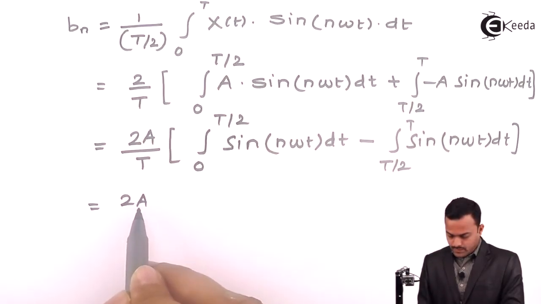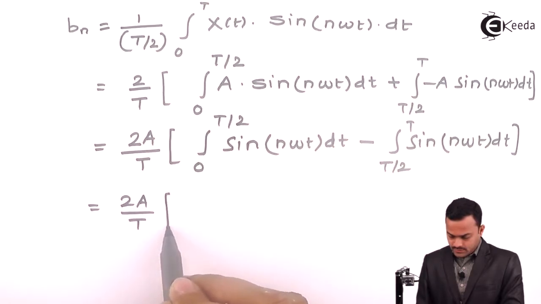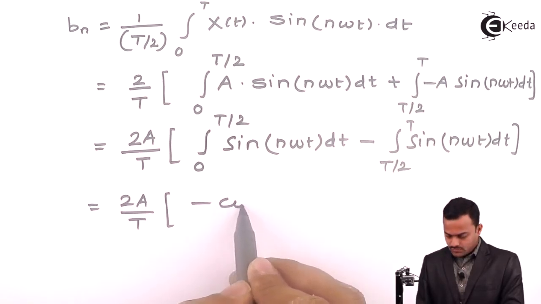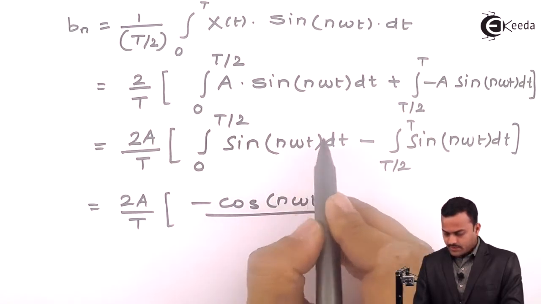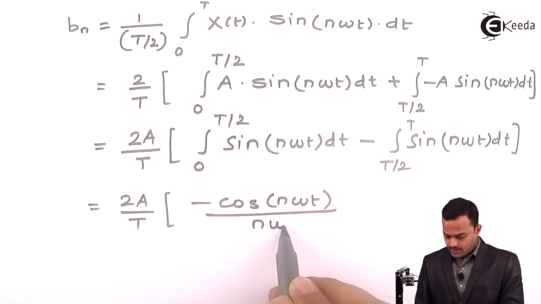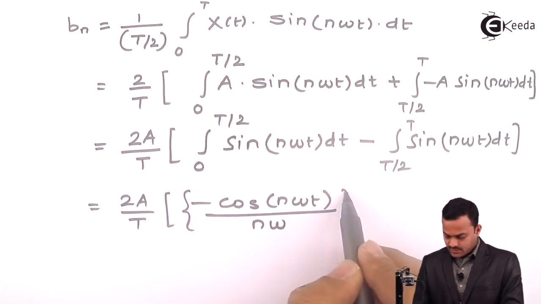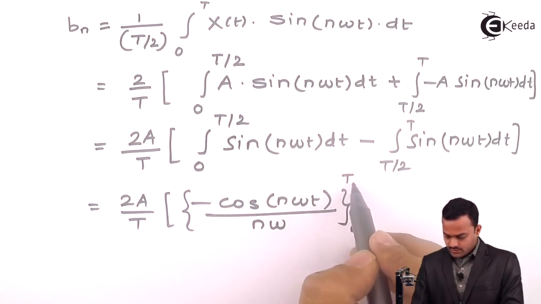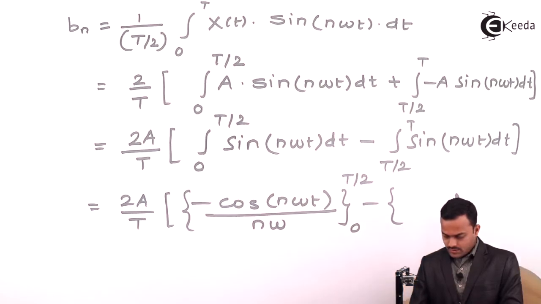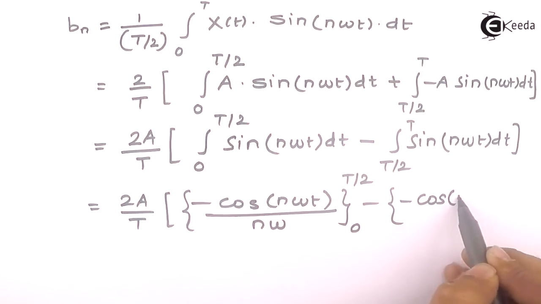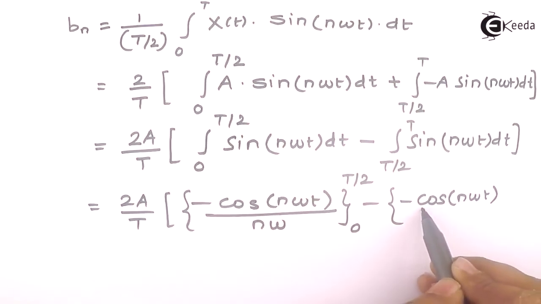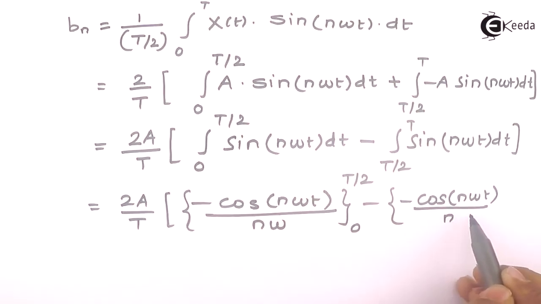Now 2A by capital T, integral of sine is minus cos divided by the derivative of this term, which is n omega, and the limits are 0 to T by 2, minus, once again integration of sine is minus cos, n omega, repeat derivative n omega, with limits T by 2 to T.